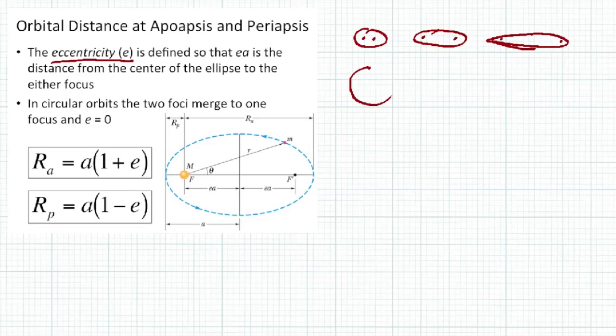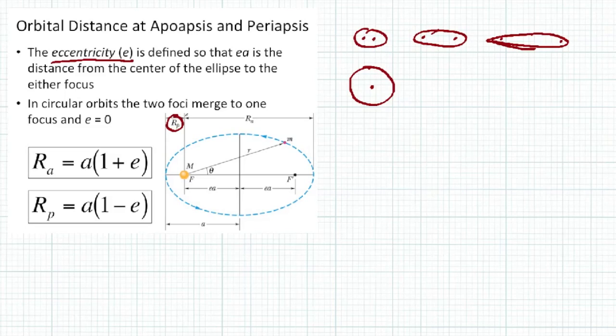Let's just pretend this is a perfect circle right here. Well, the two foci are right on top of each other in the center there, so it doesn't have any eccentricity. It's not elongated or flattened out at all. It's a perfect circle.